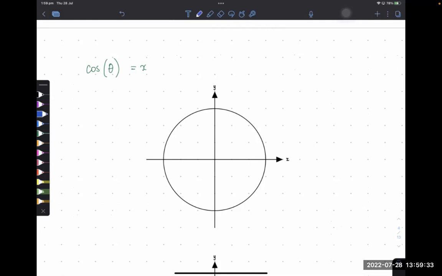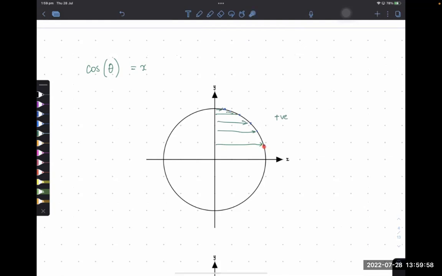Let's explore this first. If I pick a point on the unit circle in the first quadrant, what we're measuring is the horizontal distance. If we go across, it's all on the positive x-axis, so it's all positive for cos.